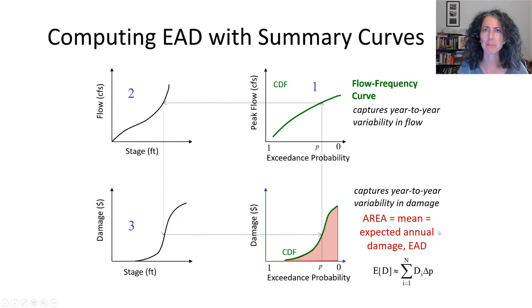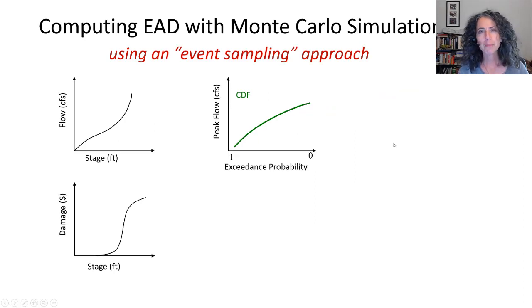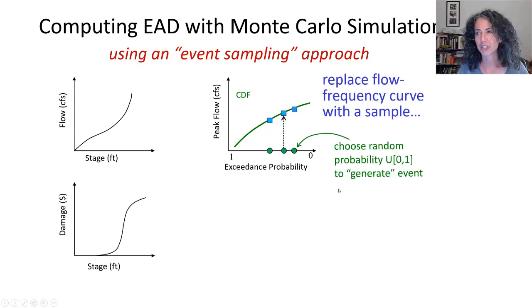It's a risk analysis because we've combined probability and consequence in estimating EAD. So how would we go about changing this analysis into a Monte Carlo simulation? Well, to do that, the probability distribution that we'd be replacing with a random sample is this flow frequency curve.